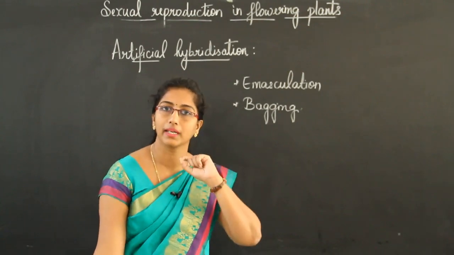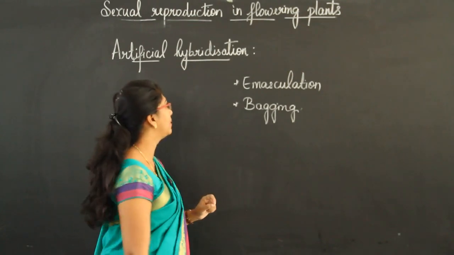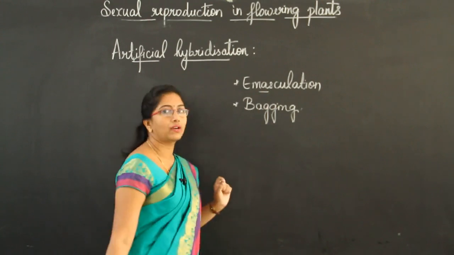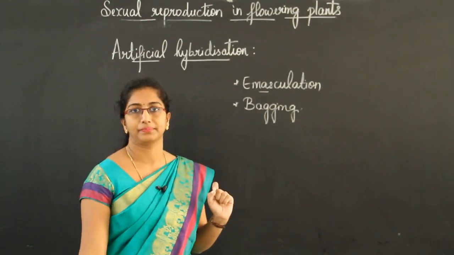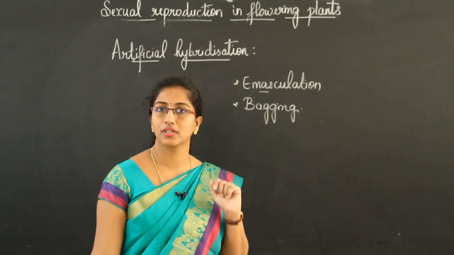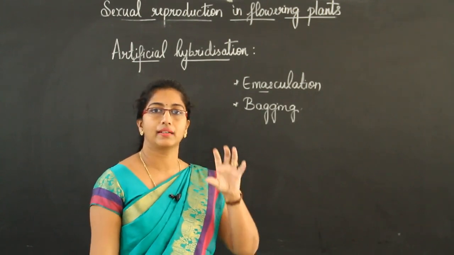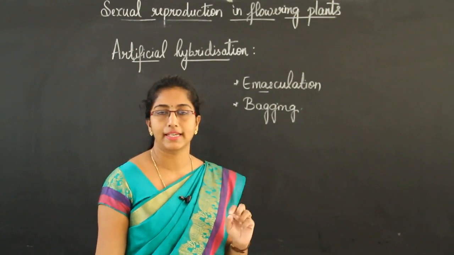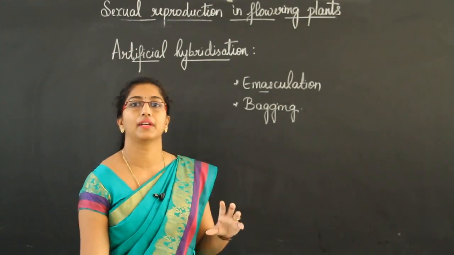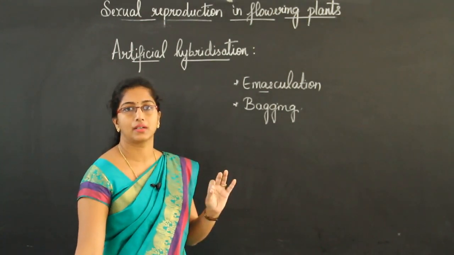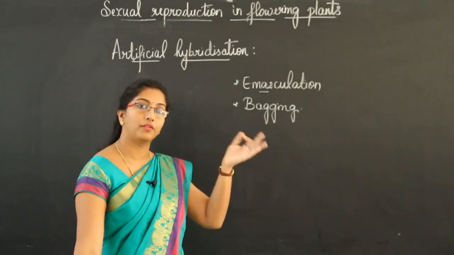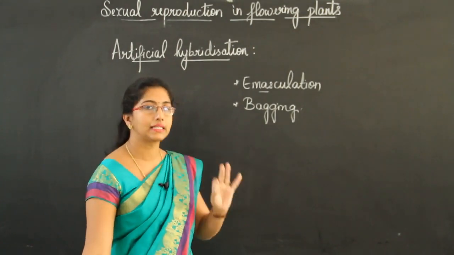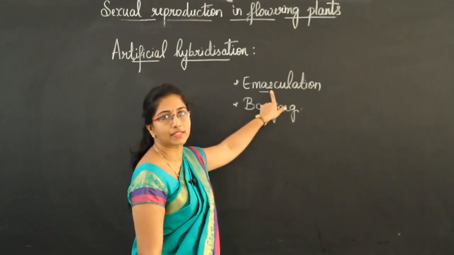This step we call emasculation. So in artificial hybridization we select a female plant bearing a bisexual flower, and in that flower the anthers should be removed before maturation.